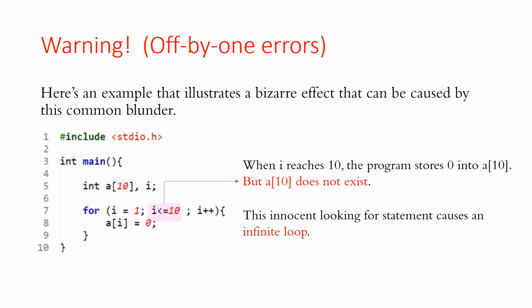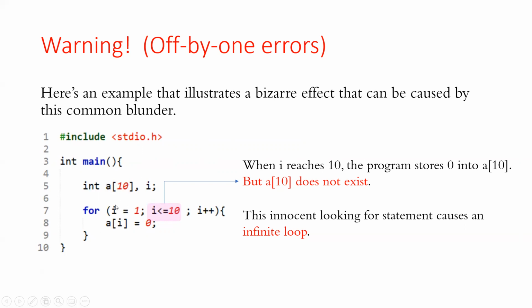This illustrates a bizarre effect that can be caused by a common blunder, which we refer to as the off-by-one error. For example, we have an array A with a length of 10 and a type of integer, and the count I is simply the counter in the loop that we have created.